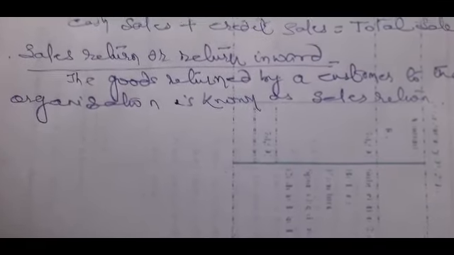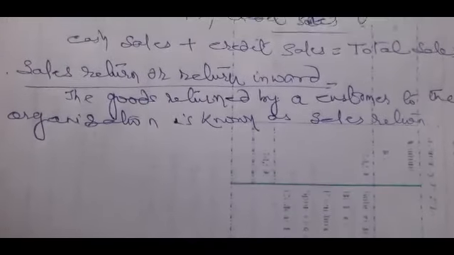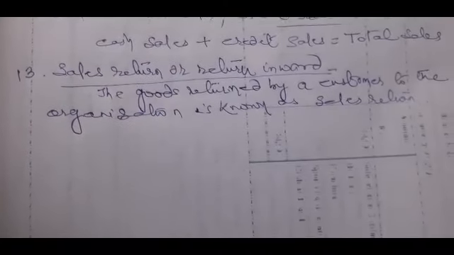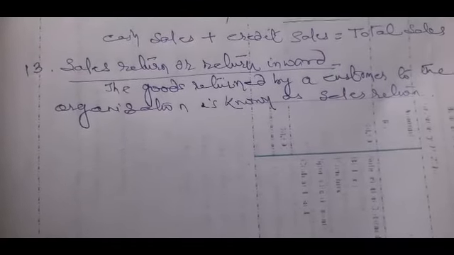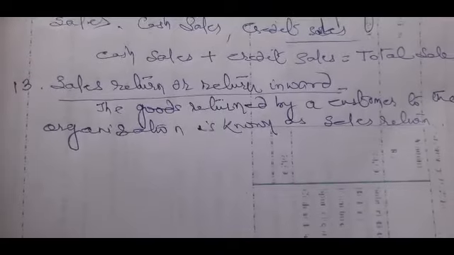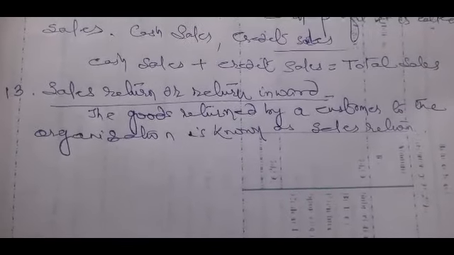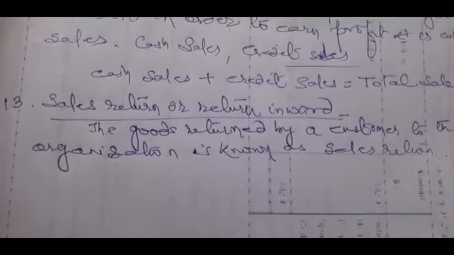The reason why the goods are returned by a customer may be that the goods are not according to the sample, or the goods are not according to the quality, or they are damaged, or they are oversupplied. So the customer may return the goods to the supplier, which is known as sales return.